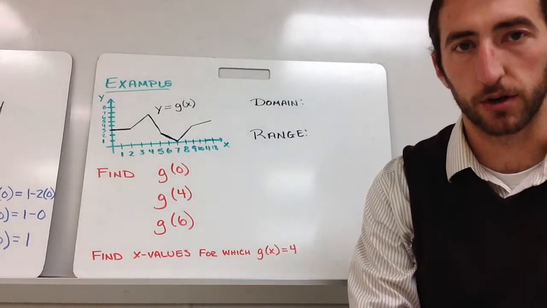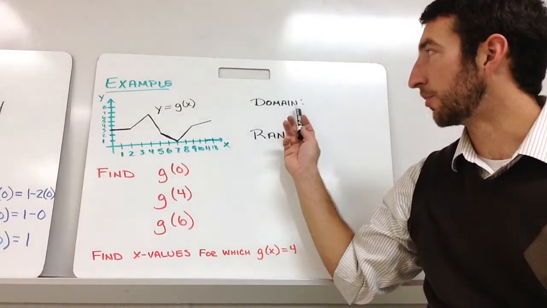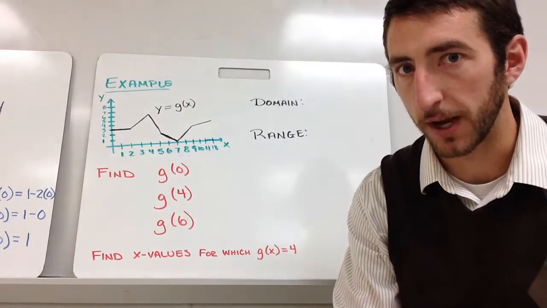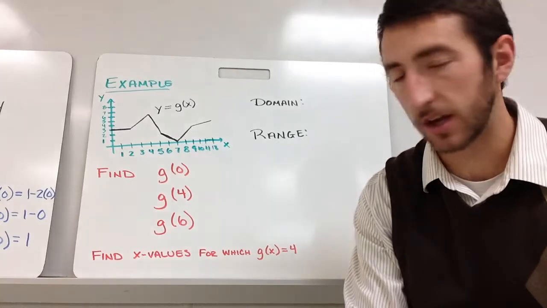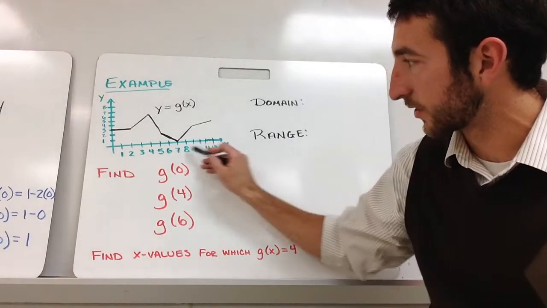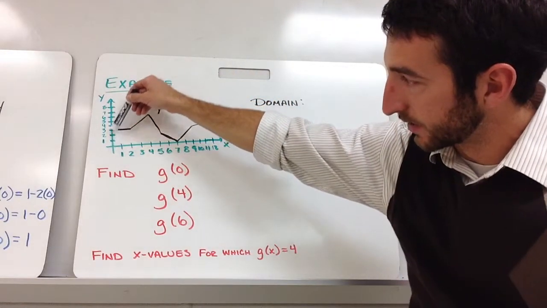And usually the first thing we're going to look at whenever we see a graph is we need to find our domain and our range. Now, if you remember from our vocabulary words, domain represents the set of all the x values. So what you want to look at is our x-axis. If you notice, our graph touches here at 0.